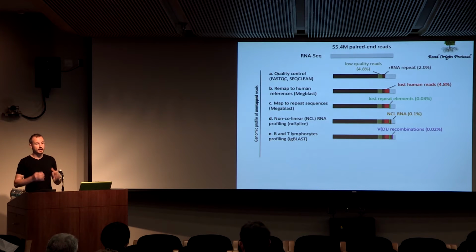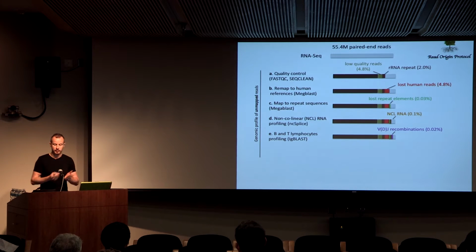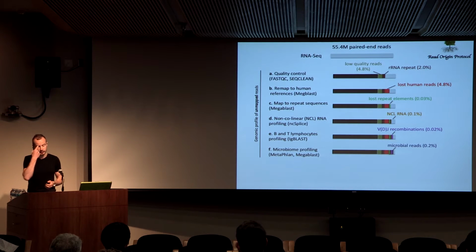And the last step, as we account for all possible reads with human origin, we thought about the non-host component. As you might think, every sequencing is a metagenomic sequencing, so we were able to observe 0.2% of the reads coming from viral, bacterial, and eukaryotic genomes.